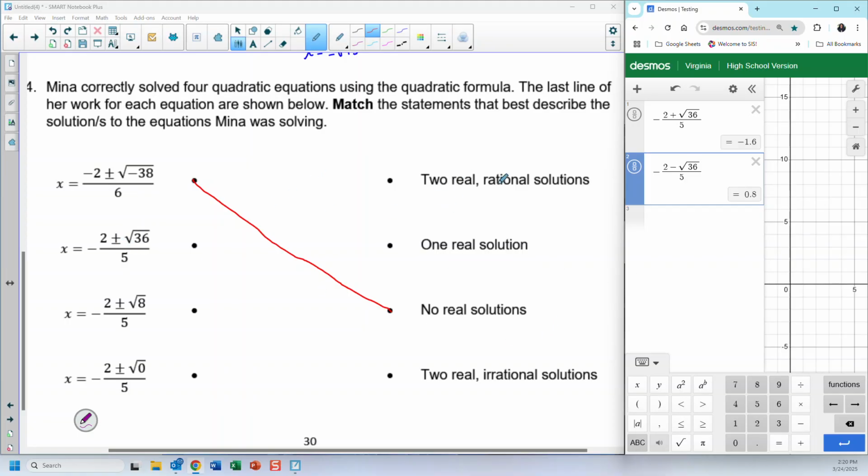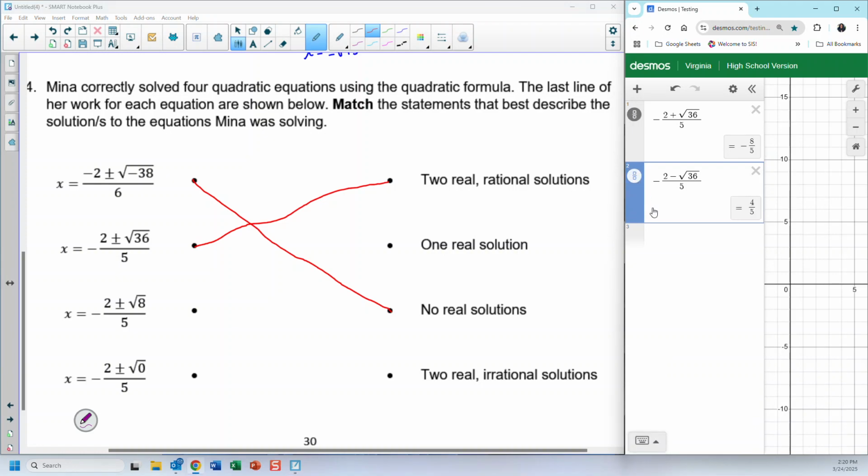Am I going to choose the 2 rational solutions or irrational solutions? I will choose rational solutions because these are rational numbers, okay? Rational numbers are any number in decimal form that either terminate, they cut off, or they just repeat, like negative 1.6666 or stuff like that.